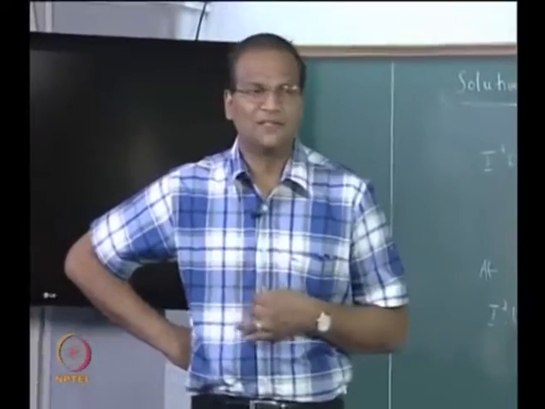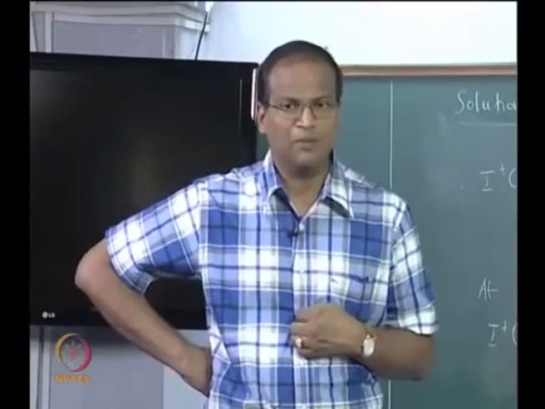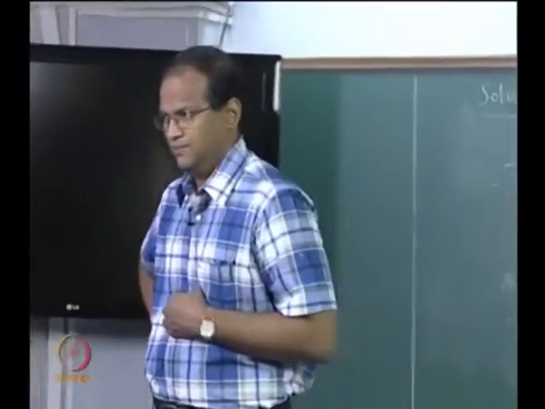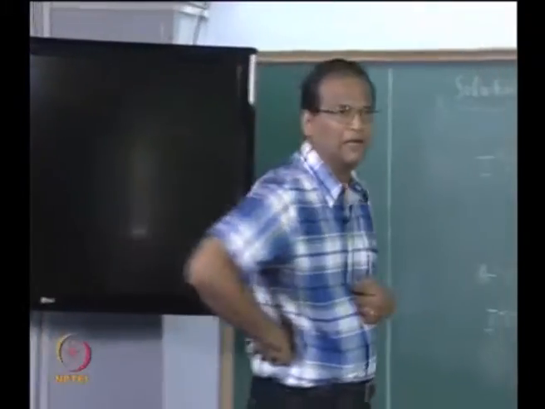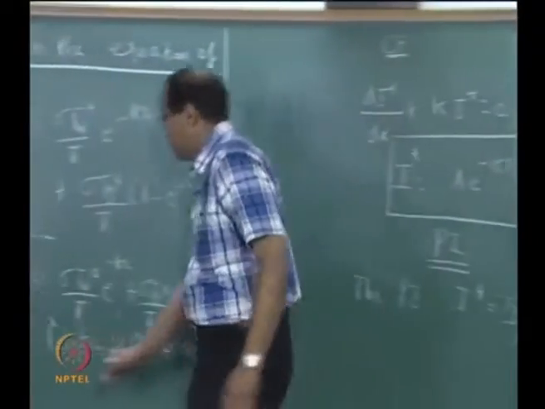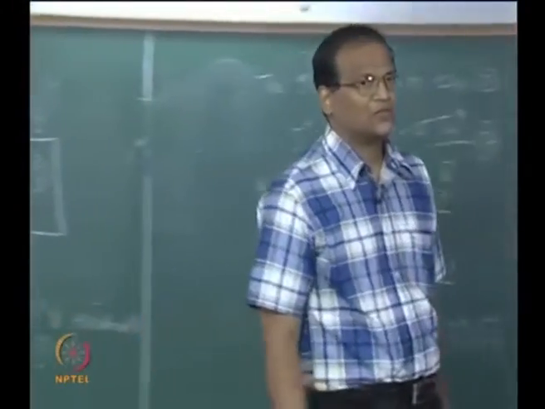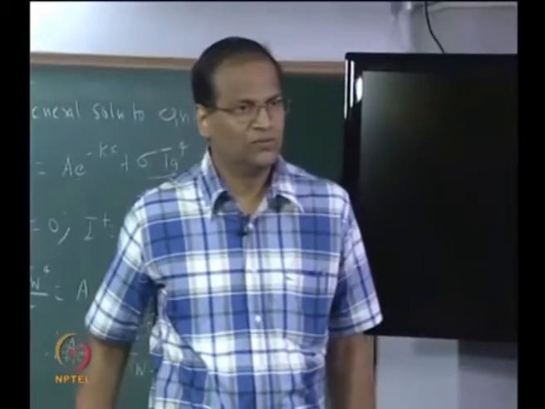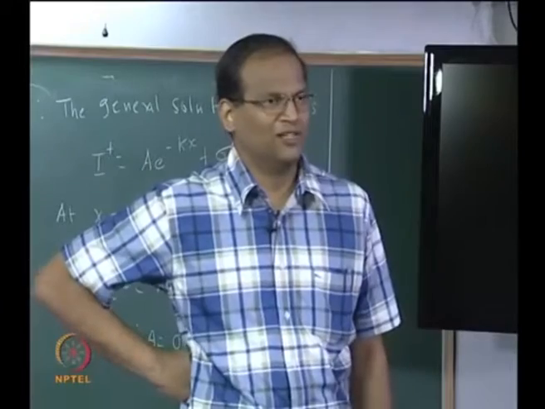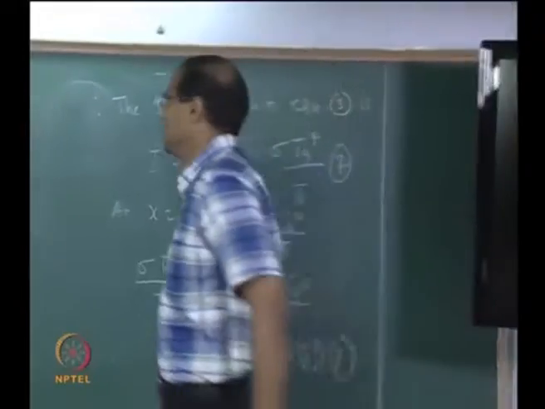An optically thin gas is one in which tau is very small, that means it absorbs minimum. An optically thick gas is something which has got a terrific tau, little will emerge out of an optically thick gas. But beware, optically thin or thick, the tau is dimensionless. You are almost tempted to believe that tau should have the units of meter when I say optically thin, optically thick. Kappa has the units of meter inverse, tau is dimensionless.